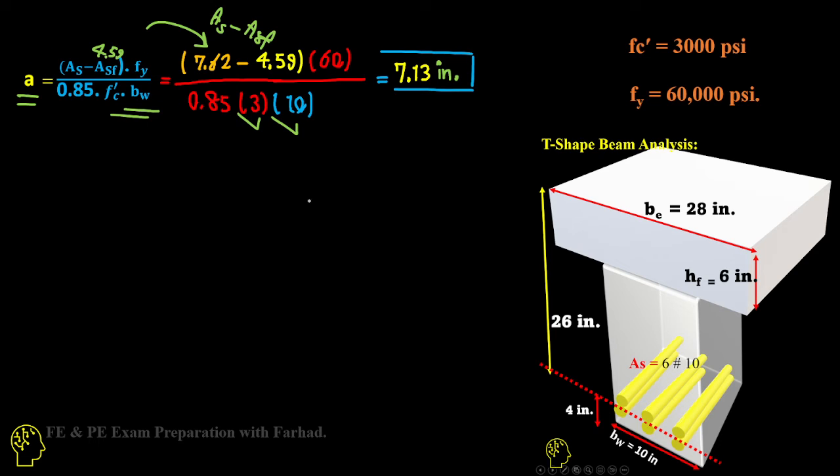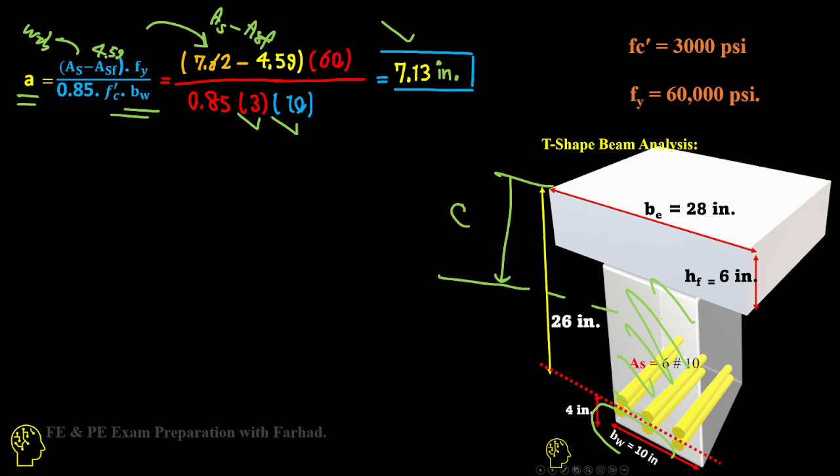Don't forget to work with bw, the web part, and this is definitely the web part. It gives us a, which now enters the domain of the web, and it is just 7.30 inches.